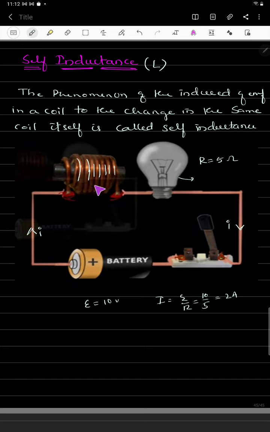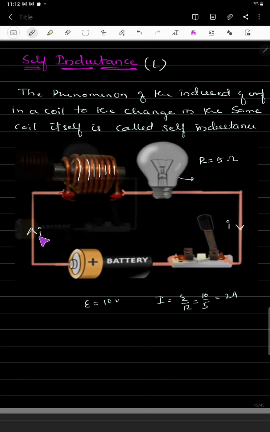The flow of current is opposed by this coil, and the coil is nothing but an inductance. This inductance produces a magnetic field, and an EMF is produced that opposes the flow of current.